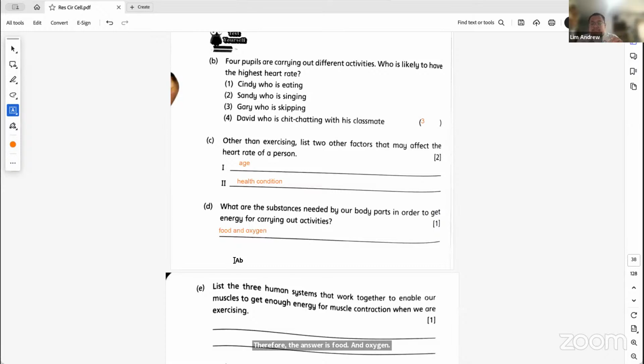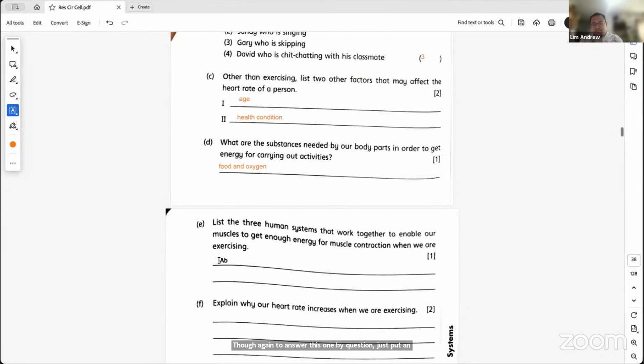You do not need to explain in full. You don't have time to write a long story. Just simple, clear-cut: food and oxygen. That's it. To answer this 1 mark question, just food and oxygen.